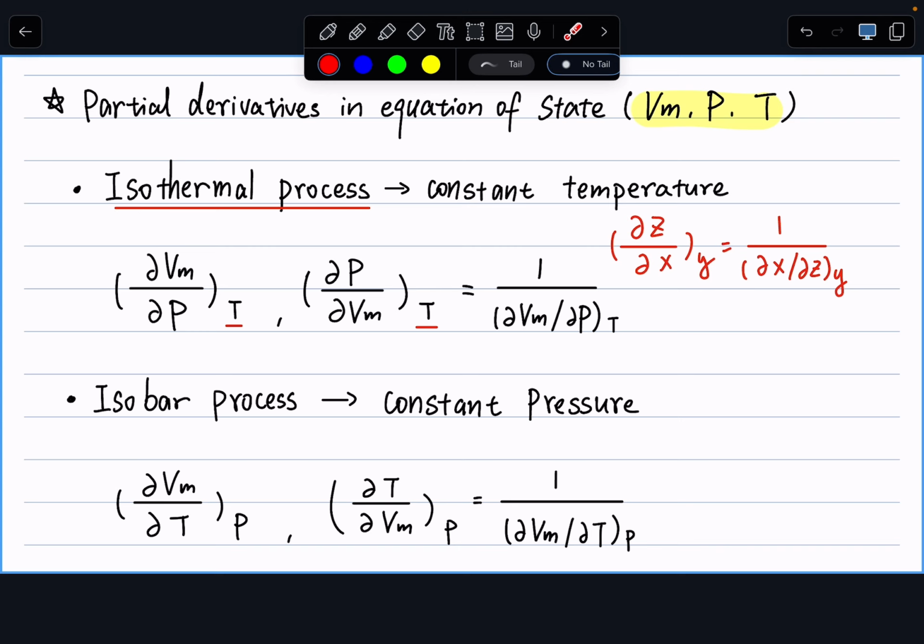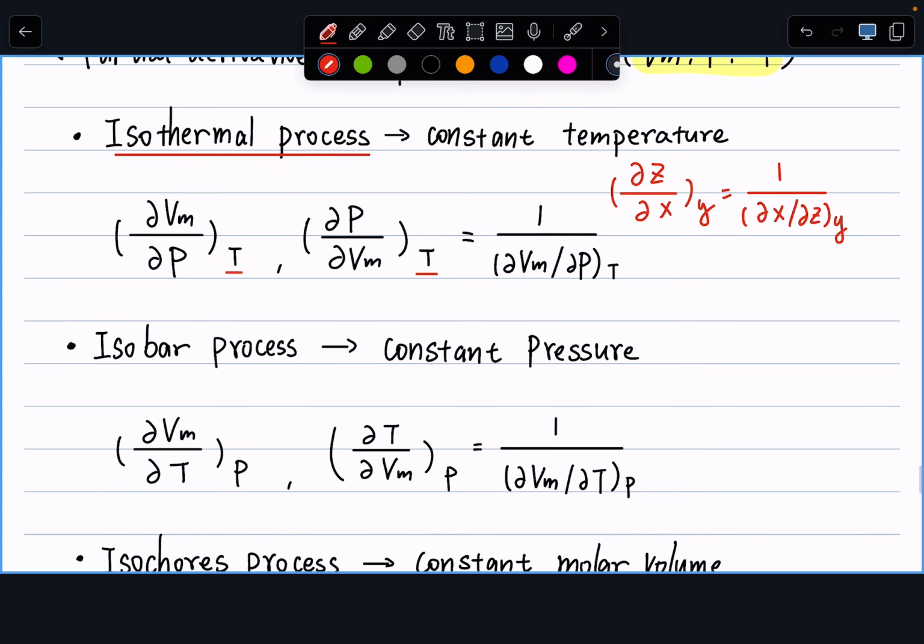To consolidate our understanding, the next one is the isobaric process. Whenever we say isobaric, we're keeping the pressure constant. So we see the constant pressure symbol in all these partial derivatives. Again, we have 2 partial derivatives, molar volume over T or T over molar volume, and these 2 are interconnected with each other.